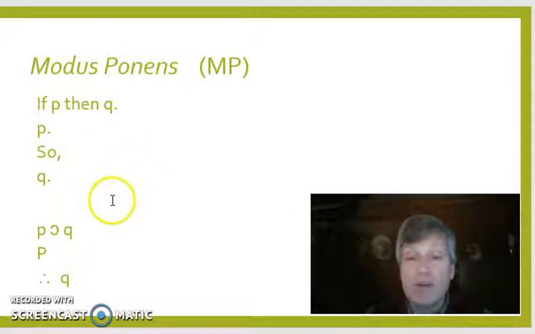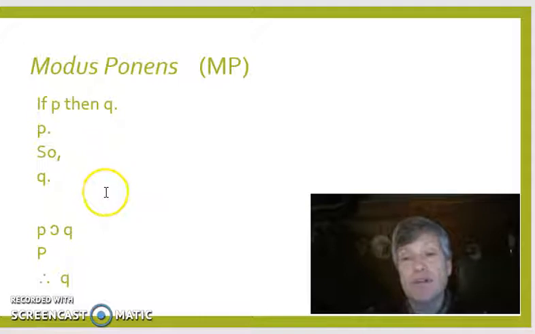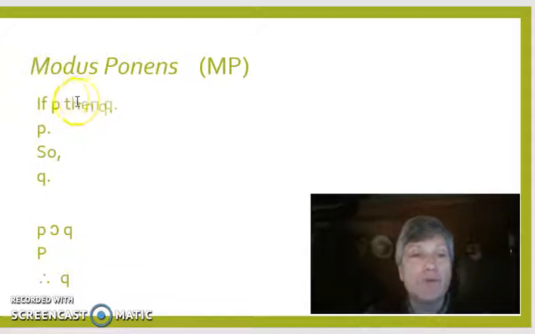In our formal logical system, where we're translating English sentences into this formal language, where we use symbols instead of our English connectives like if-then, we're using a horseshoe for if-then.